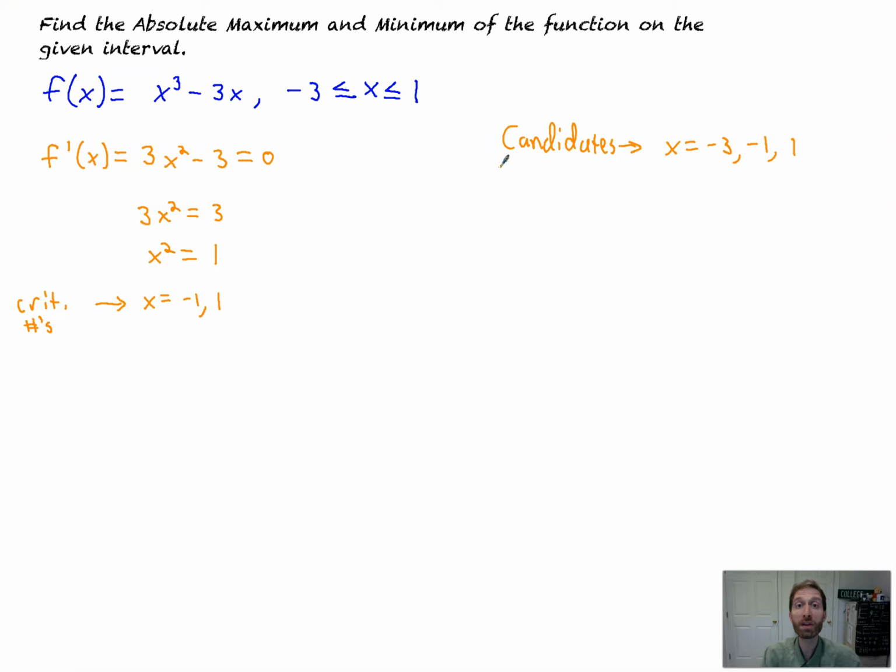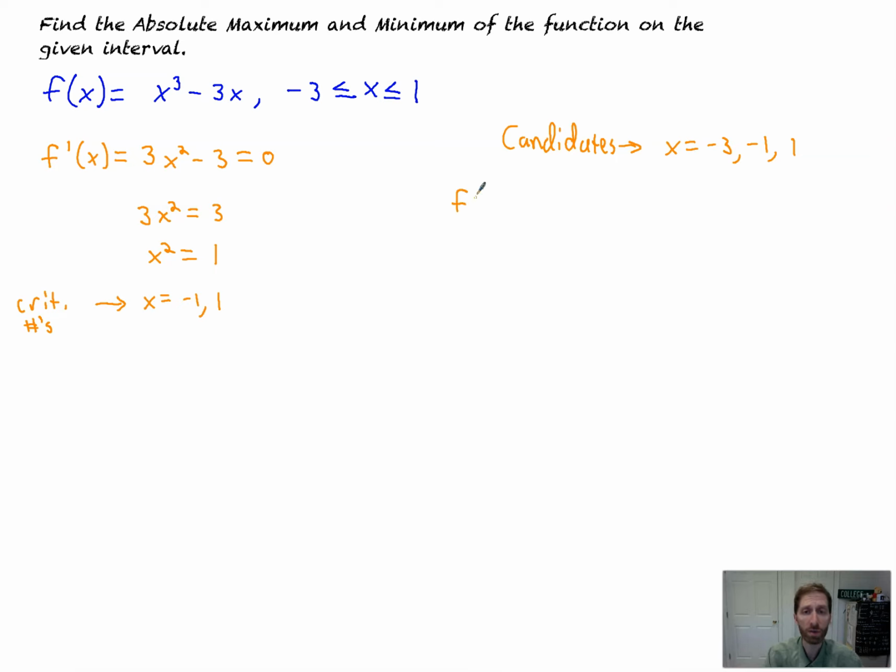So all you now need to do is basically run an election. Check the y values of these x values. They're the only places where we could have a high or a low point, because this point is where our derivative is 0. That's where we could have a hill or a valley. That's one place where we could have a high point or a low point. The other places are at the endpoints. That's it. If you don't believe me, check out the first video we went over in this lesson to see why those are the only places we have to check.